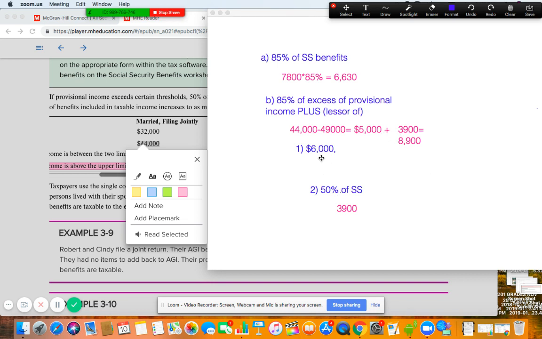Then we add the lesser of the two numbers, $3,900, so we end up with $8,900. Which is less? $6,630. We're always going to take the 85%. That's the maximum amount that ever applies, and it's very rare that this other calculation applies, only within a small range of income, right when you exceed the $44,000.